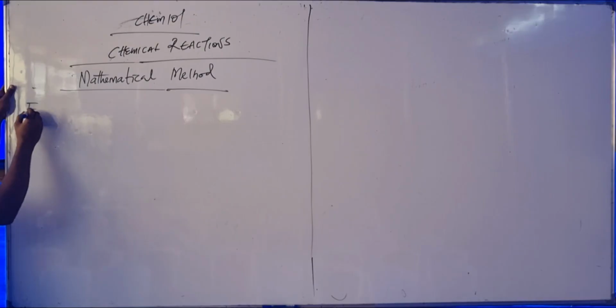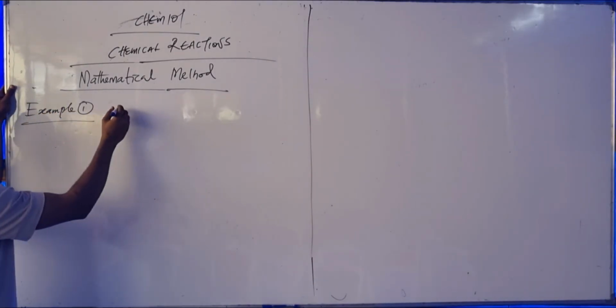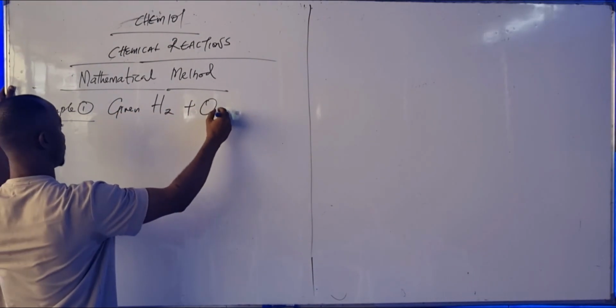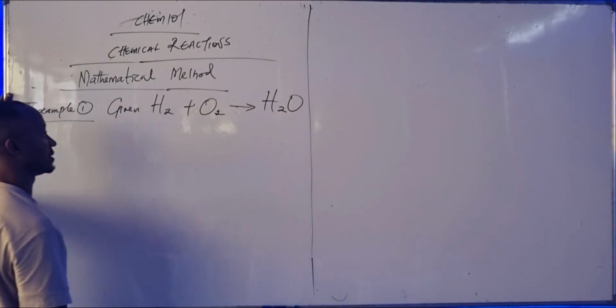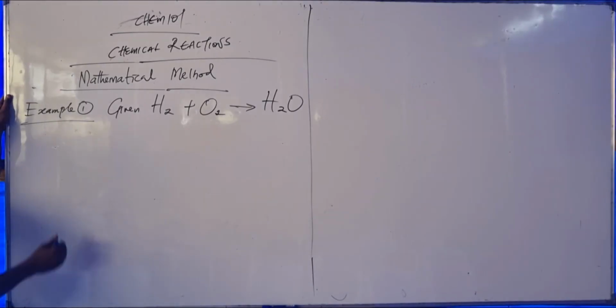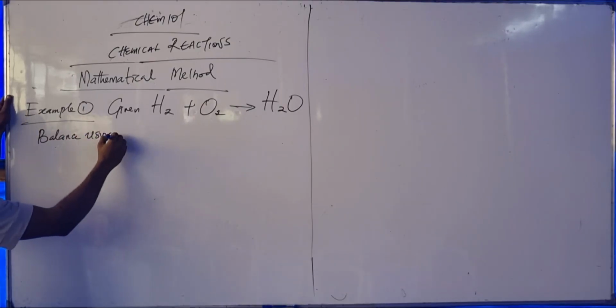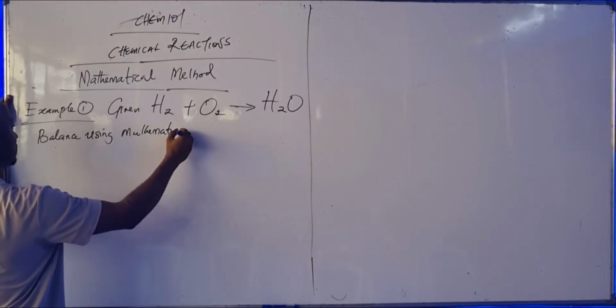Example 1: if we are given H2 plus O2, what's the product here? H2O, right? And we have to balance it using the mathematical method.